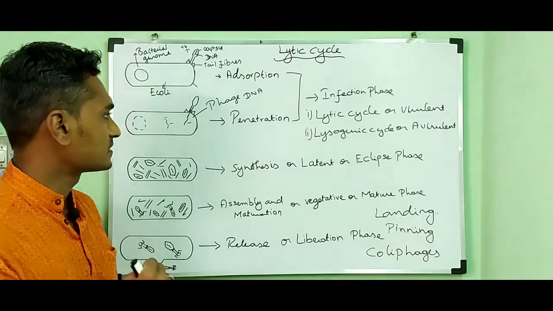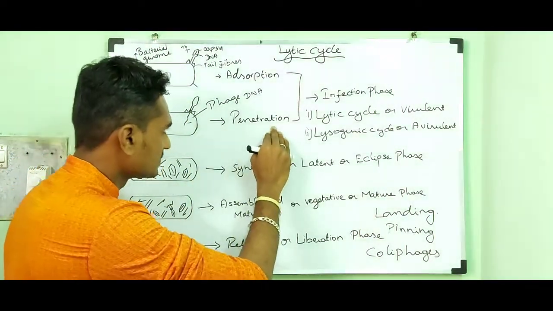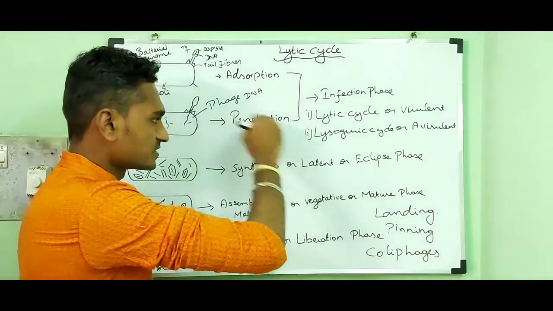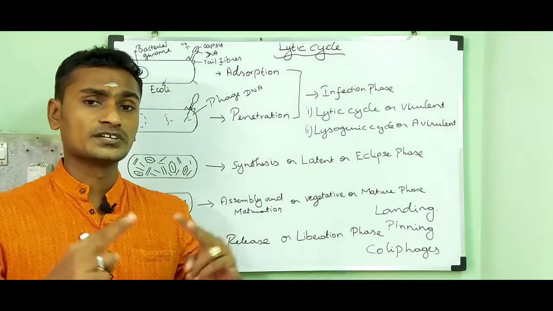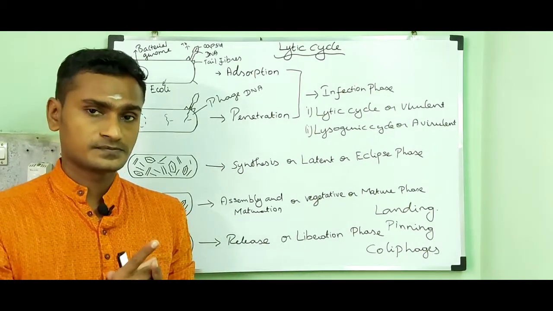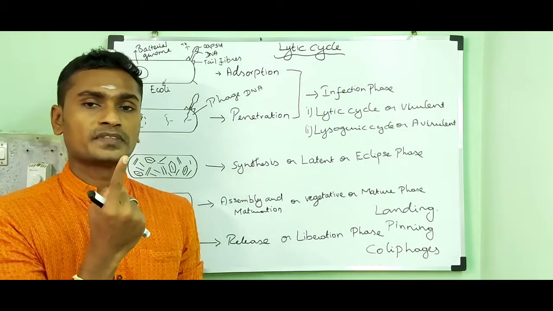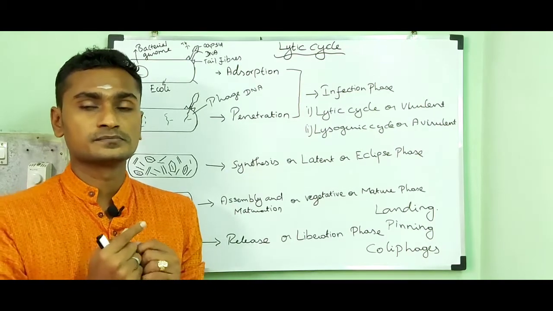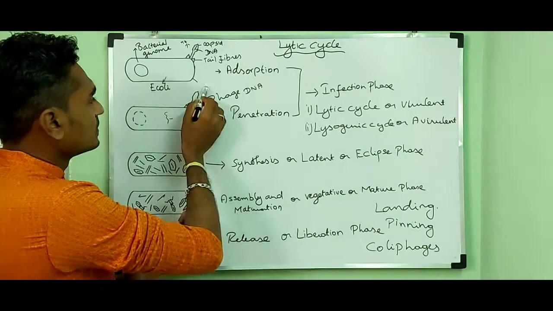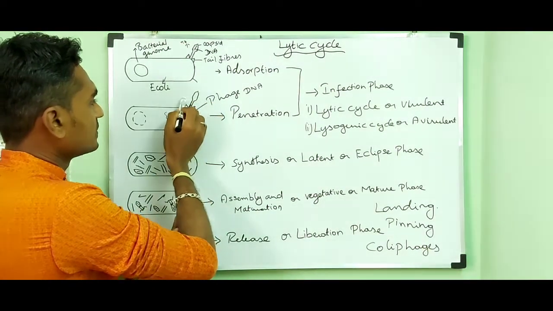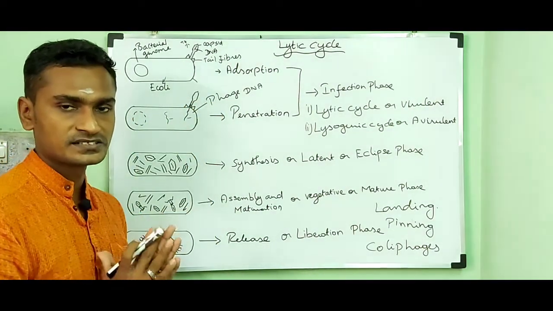Then the next step is called penetration. In this process, two major steps are involved. The first one is the enzymatic step and another one is the mechanical step. Here the bacteriophage is attached to the bacterial cell wall.